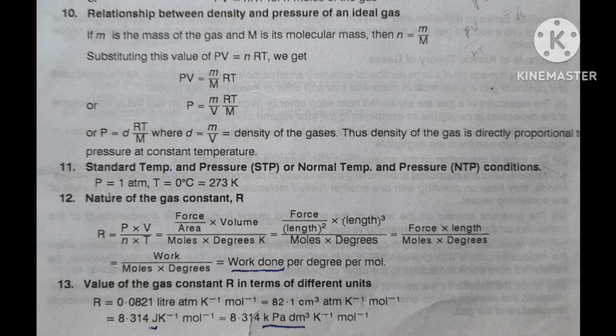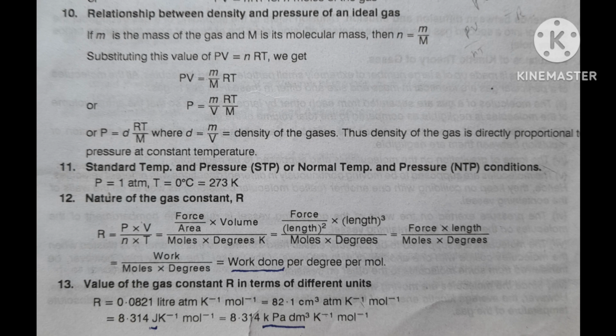If the temperature is constant, then R is a fixed value, M is also fixed, so R by M is constant, and T is also constant at a particular temperature.